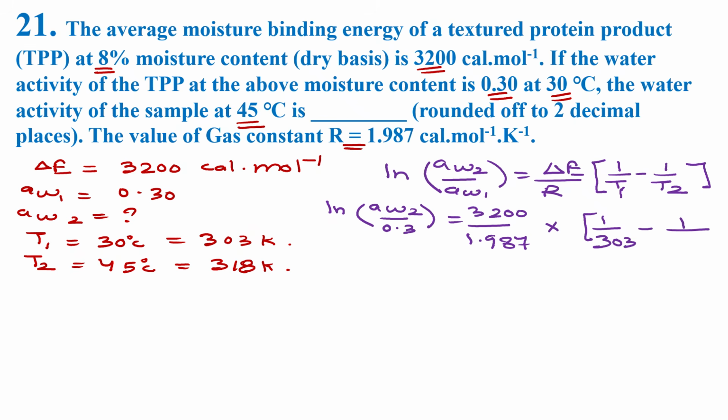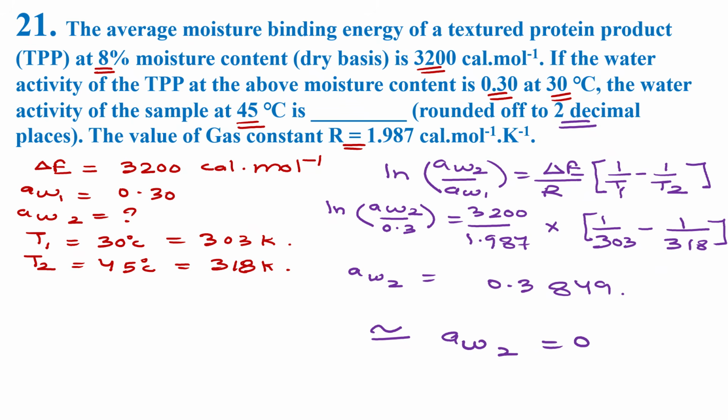So we'll get the value over here of AW2 as approximately 0.3849, or approx we have to just round it off to 2 decimal place. So AW2 is 0.38. This is my answer.